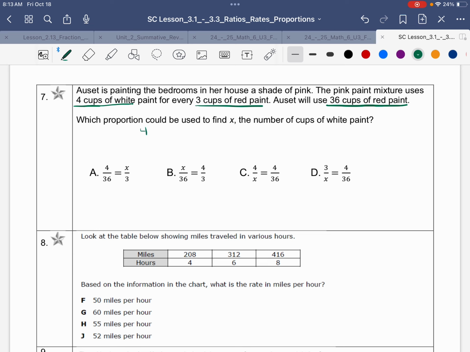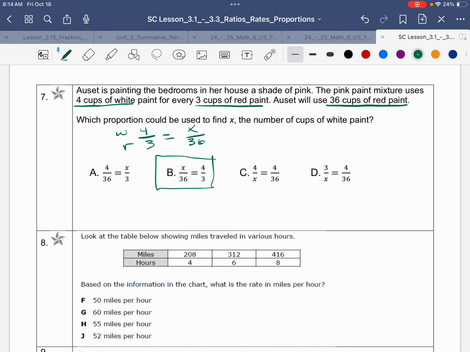So 4 cups white, 3 cups red is equal to, and she wants to use 36 red. So we're looking for something that looks like that. And that looks like, to me, here you go. So this one has 4 over 3 and x over 36.